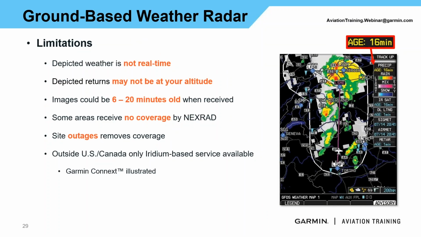Some of the limitations of ground-based, we've already said: not real-time, may not be at your altitude or the altitudes that you think it is, it's got the delay, and you might be outside of a NEXRAD coverage area. The picture on the right-hand side is out of Switzerland, and that's using Garmin Connect. But based on your location, you may or may not have ground-based radar available in your cockpit.